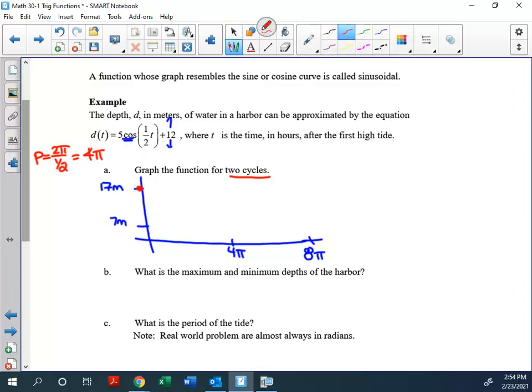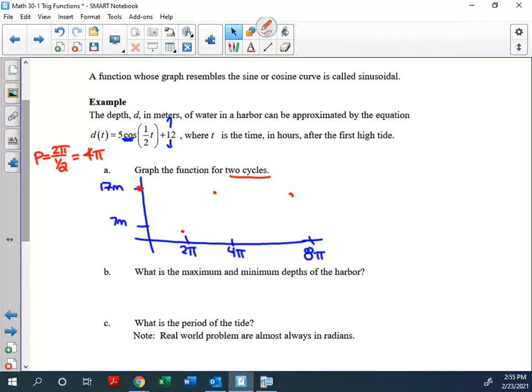Because it's cosine, I know I'm going to hit the maximum at the start, the maximum at the end, and that's going to repeat itself. I also know it's going to hit the minimum halfway in between my maximums, right? So 4 pi halfway will be 2 pi, and that's when it's going to hit its minimum of 7.